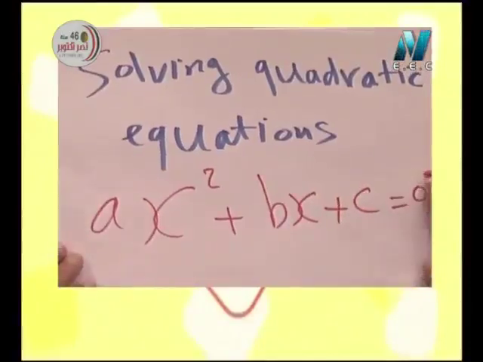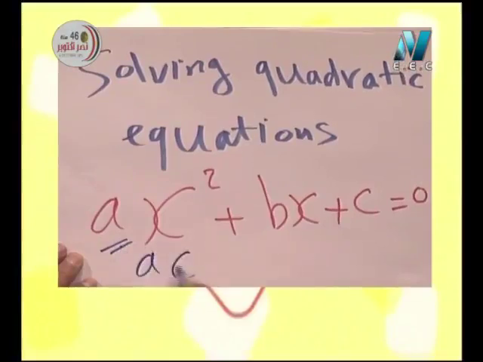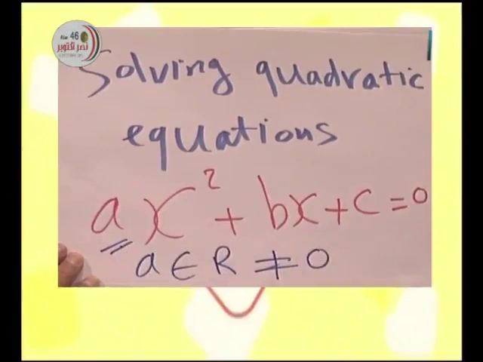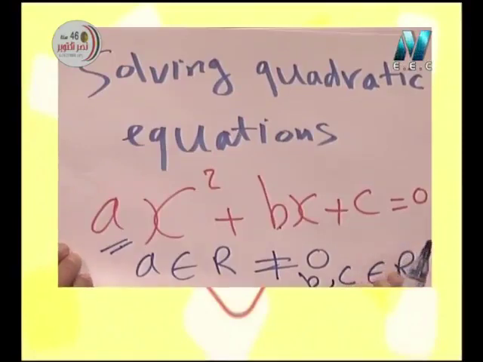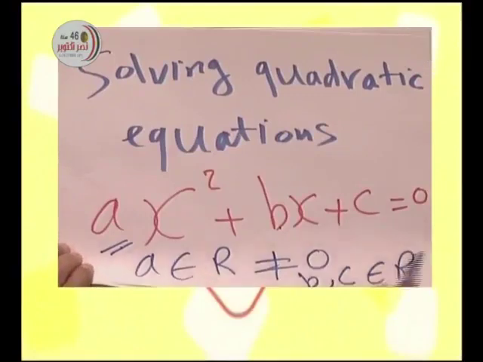Here a cannot be equal to 0, but it is a real number. A belongs to R and doesn't equal 0. B and C also belong to R, but they can equal 0 because that doesn't affect the equation.